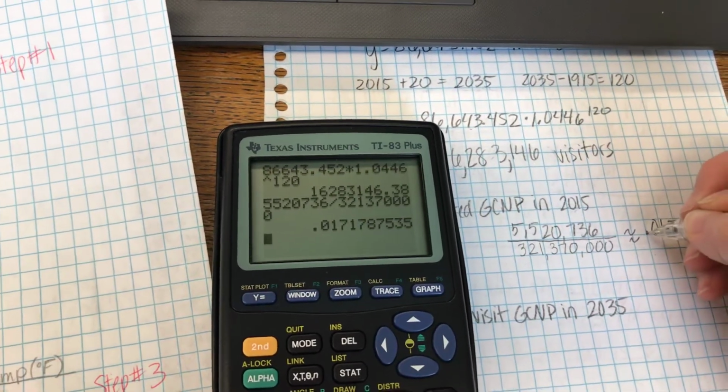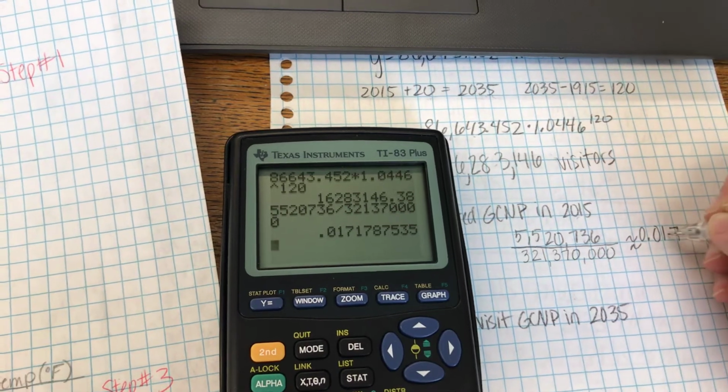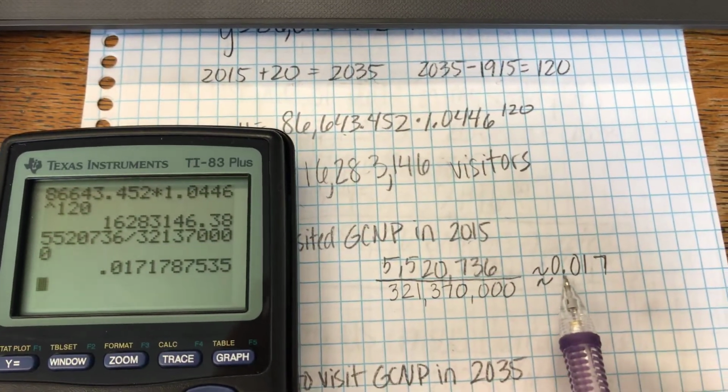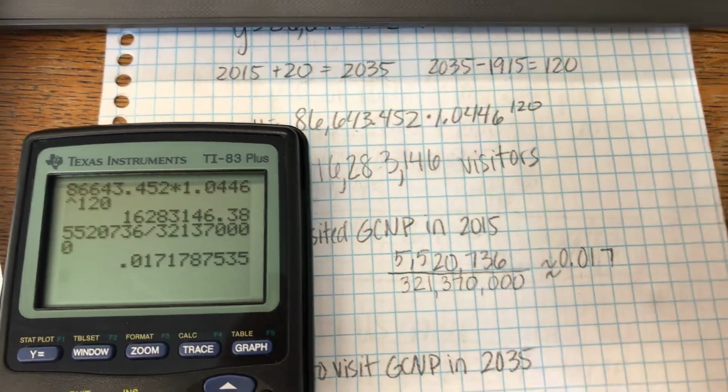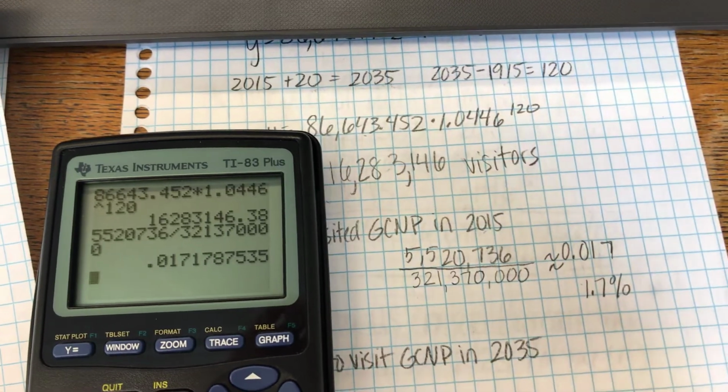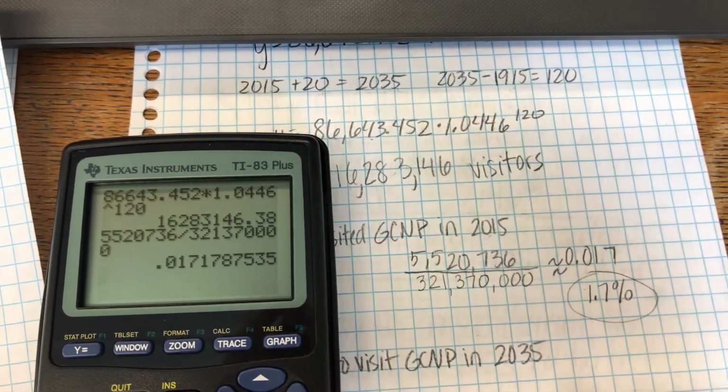You guys are going to be wondering, why didn't she just stop the video and start over again? It has so many interruptions and mess-ups. Okay, here it is. 0.017 approximately. So about 1.7% of the population of the United States visited the Grand Canyon.